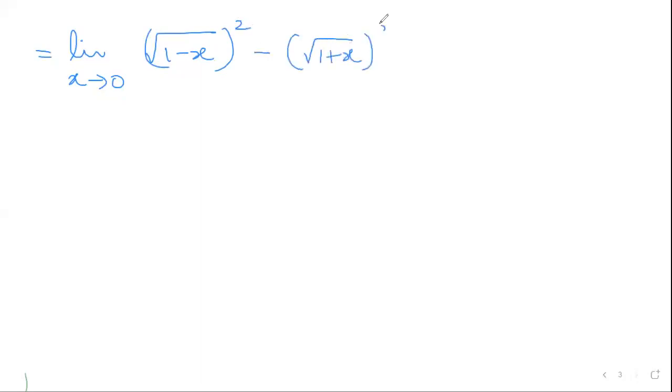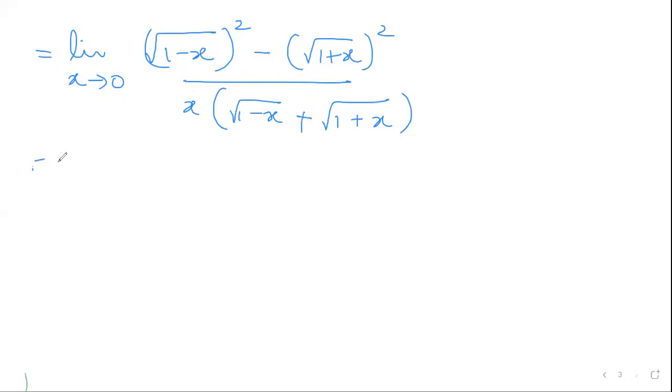So it's nothing but limit x tending to 0, square root of 1 minus x the whole square, that is a square, minus b square. Divide the entire thing with whatever is left in the denominator. We multiplied with a plus. So when you square these things up, what do we get?